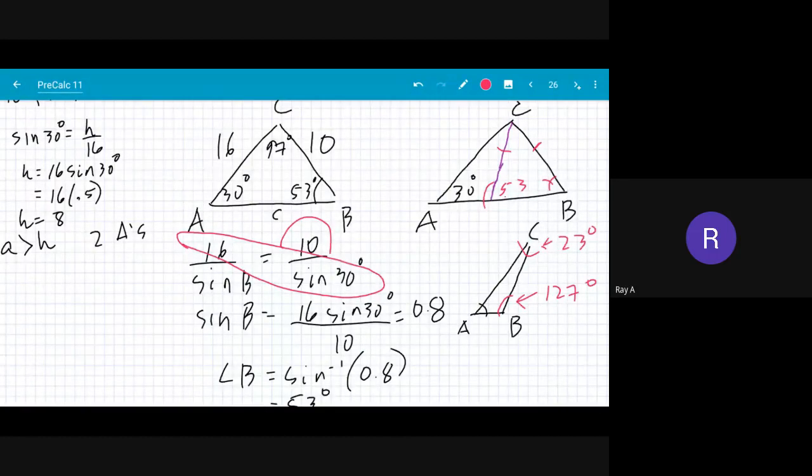So, you were able to see how you find the two different angles in the two different triangles, and really the key is to ask yourself, is the A going to be more than the height? Okay, so I know at this point it may not be that easy to understand.